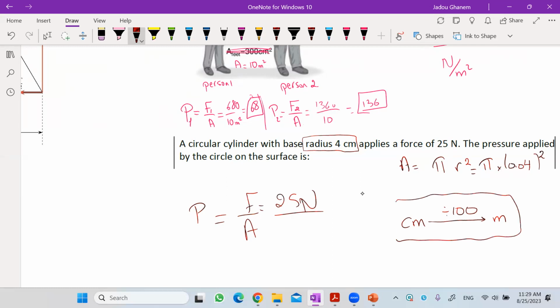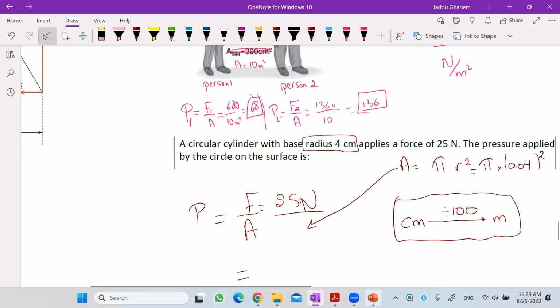So here the answer will be, if we just substitute the pi times 0.04 squared, we'll get 5 point something. Let me just write here A. And if we divide 25 by the answer, we'll get, let's check.